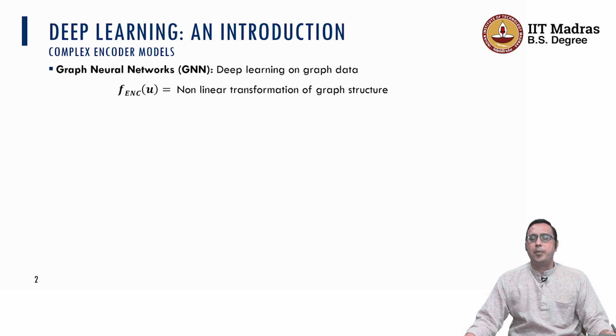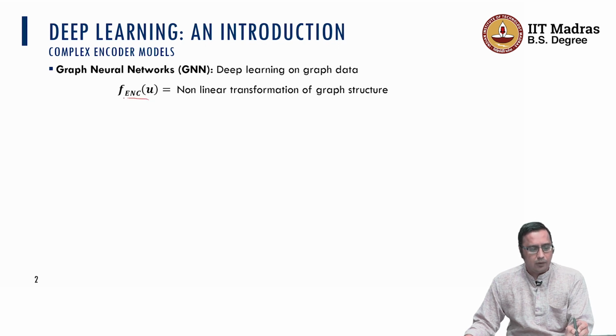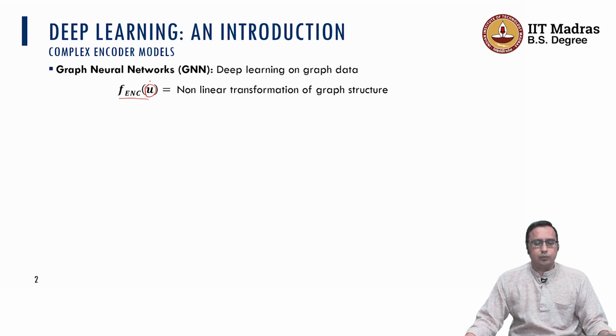However, there are complex encoder models like graph neural networks, which will be used in network biology, that are actually deep learning models on graph data, where we are interested in learning an encoder function f(u), for u as my node, which is a nonlinear transformation of graph structure or node in general. And that's the reason we need to learn different components of deep learning.